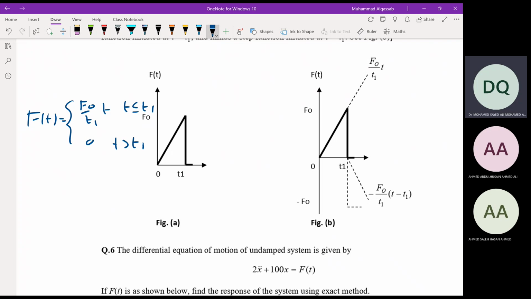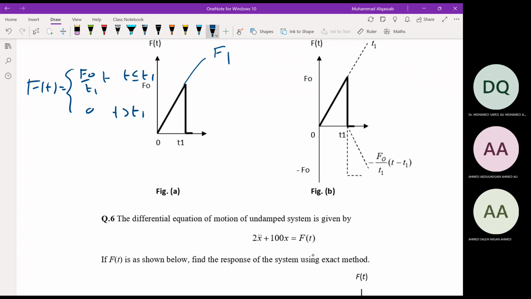Now notice all the rise functions should start from a given t, but the beginning value is 0, in order to use the response we obtained for the rise. So this function, if you call this f1, to make this equal to 0, that means it is f2 here. And this is the negative rise, starting at time t equal to t1, but its value is not 0 at t1.